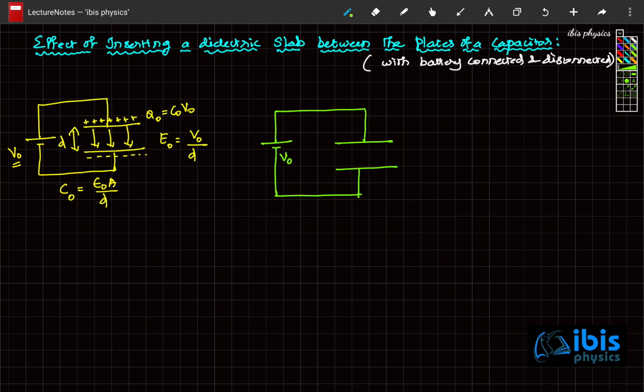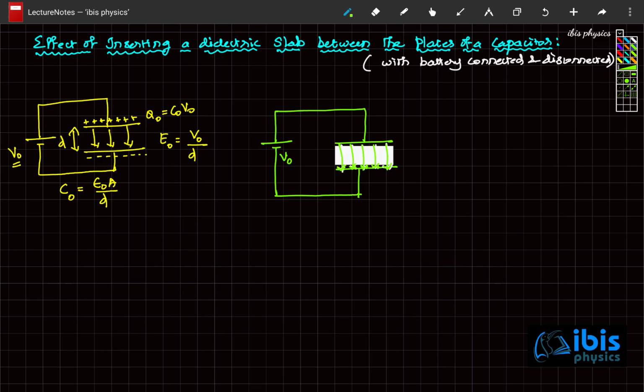Without disconnecting, you are inserting a dielectric between the plates of the capacitor. Once you insert this dielectric, what will happen? Once it is inserted, the electric field will be set up in this.